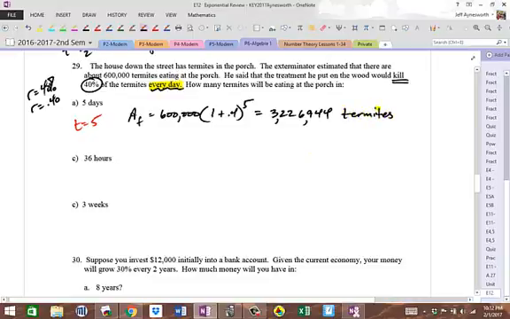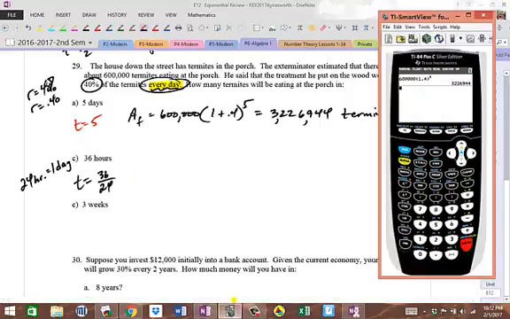All right, next one. T is equal to what? Well, the time period is every day, right? 36 hours, and there are 24 hours per day. So 24 hours equals 1 day. You take 36 divided by 24. That's 1.5 days.